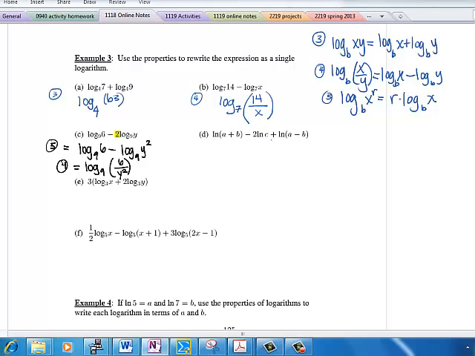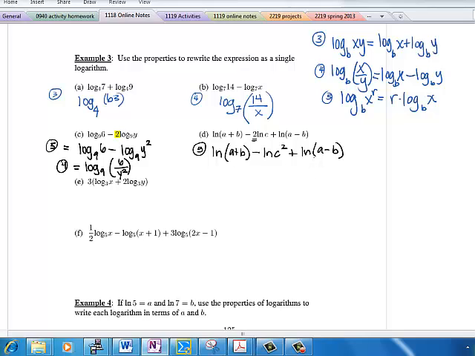Alright, now we've got some natural logs, but remember that's just log base e, so the same properties all apply here. And again, we've got this 2 that we need to move first. We can rewrite that as natural log of c squared. So we used property 5 first, and then the next thing I'm going to do isn't necessary, but it helps to avoid any confusion.